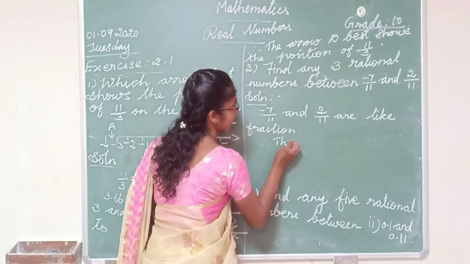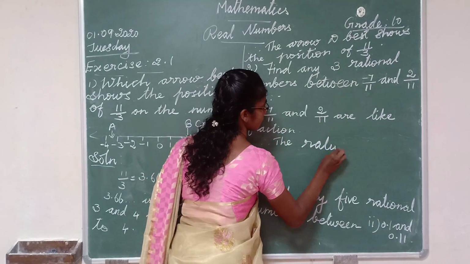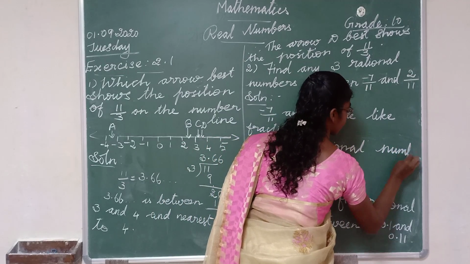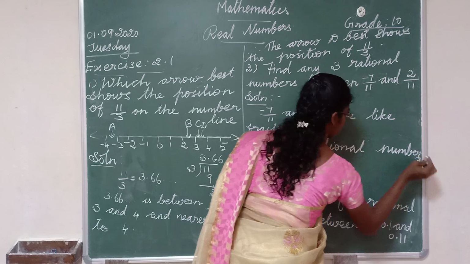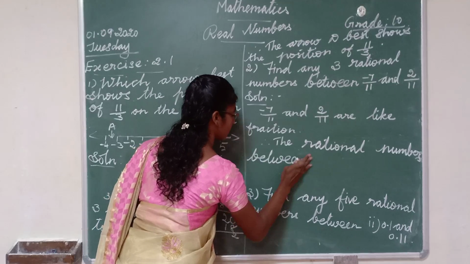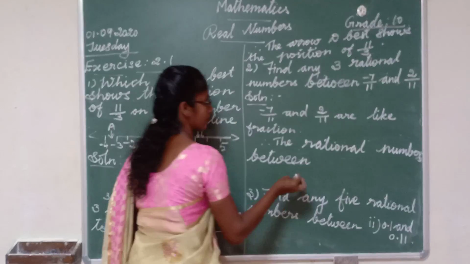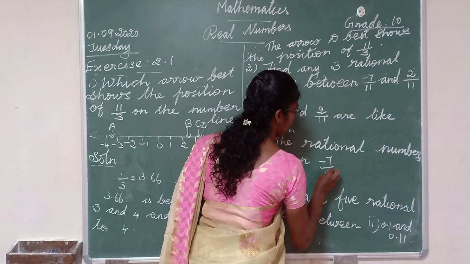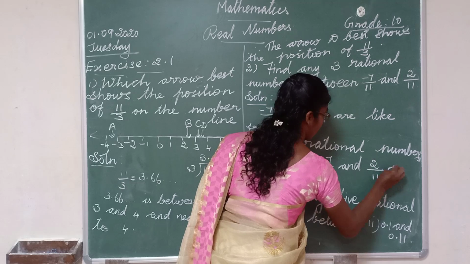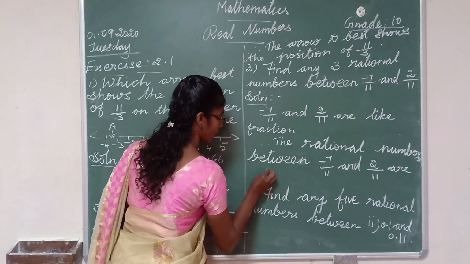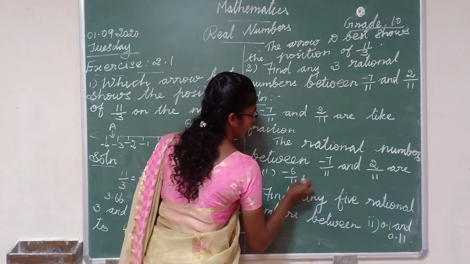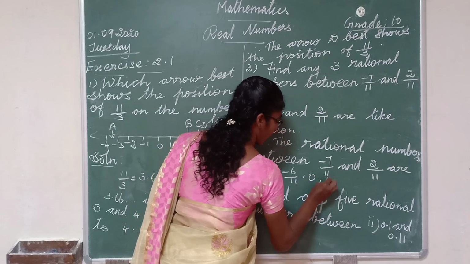Therefore 3 rational numbers between -7/11 and 2/11 are: first one -6/11, next is 0, 1/11.